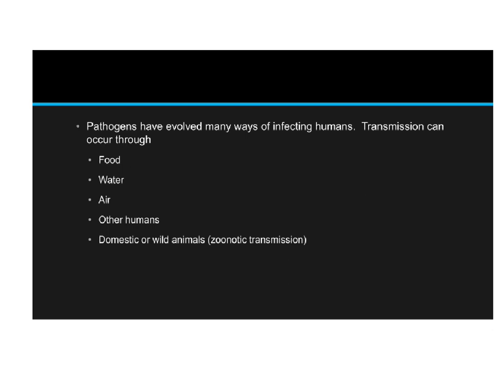So pathogens have evolved many ways of infecting humans. Transmission of pathogens can occur through the food you eat, the water you drink, the air you breathe. It can occur through other humans, especially contact in crowded places with other humans, and through contact with either domestic or wild animals, which we call zoonotic transmission.